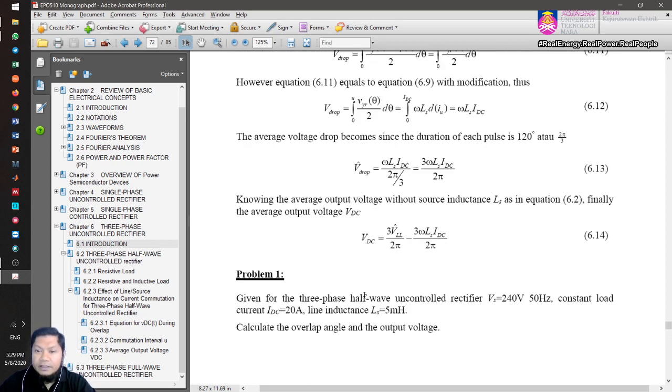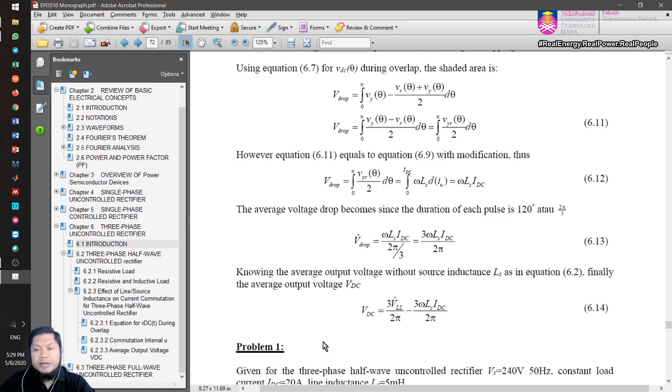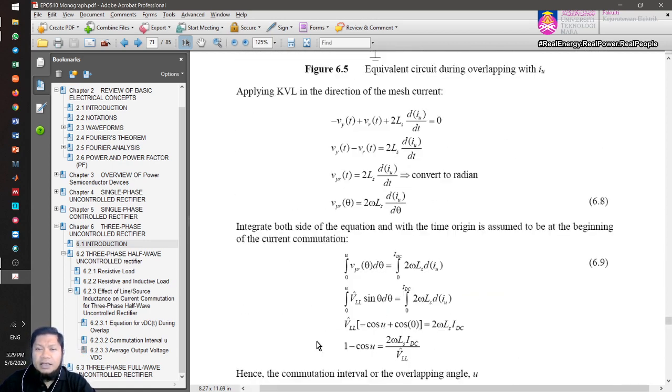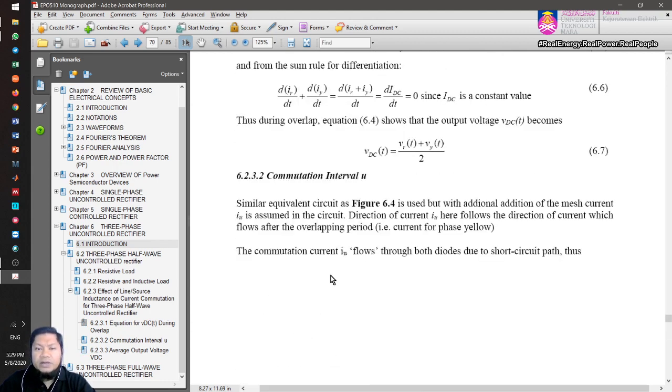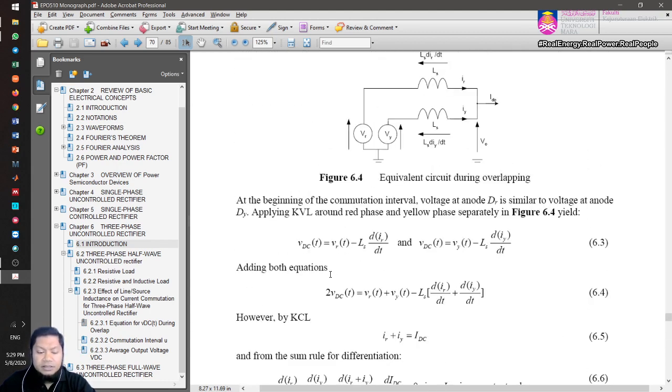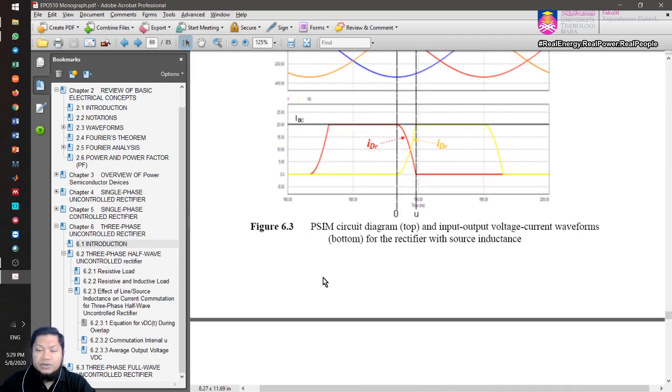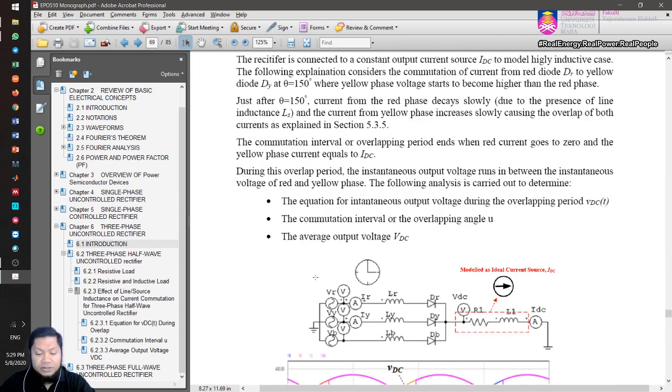Okay, so I think that's it for the 3-phase half-wave uncontrolled rectifier. You have to go through it again, line by line, and look at the equations. You cannot simply listen and assume you understand.